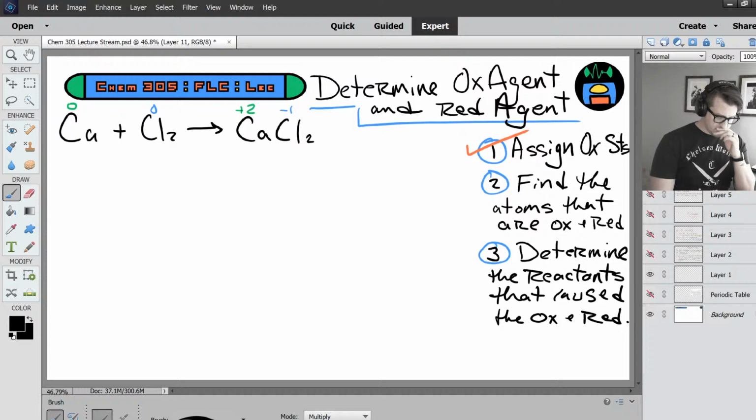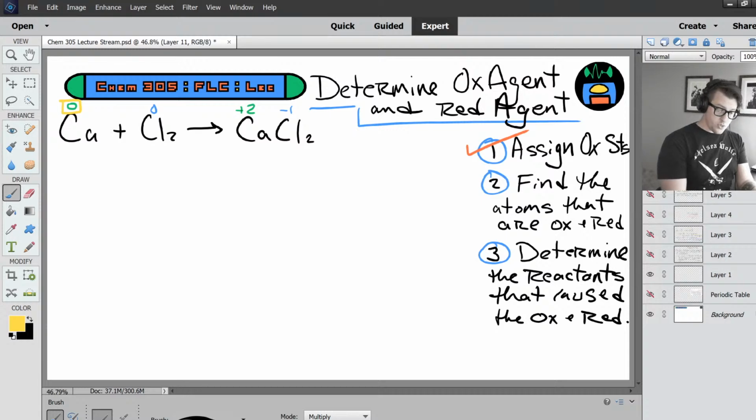Okay, let's go. Number 2, finding the atoms. So we've assigned our oxidation states. Now we need to find the atoms that are oxidized and reduced, right? To do that, you need to identify which atoms are experiencing changes in their oxidation states.